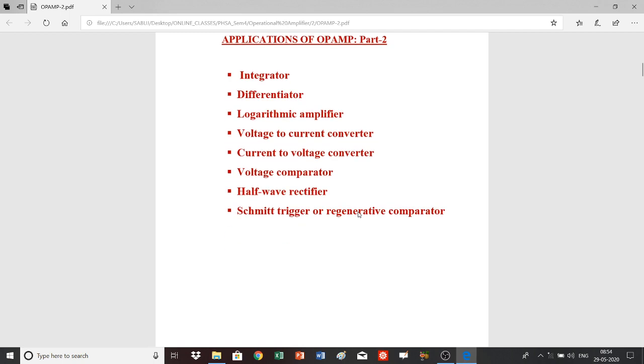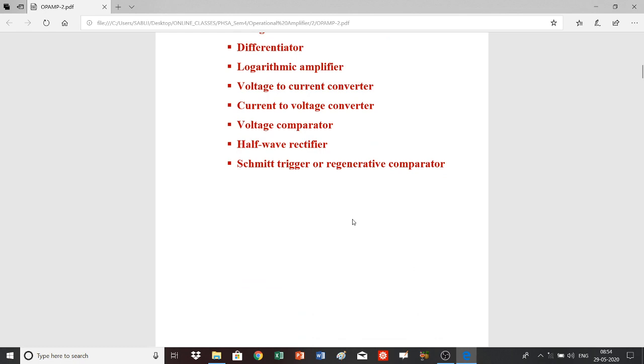After that, how an op-amp can be applied to perform voltage comparator, and then how sinusoidal wave or AC wave can be converted into DC wave, that means half wave rectifier. And at the end of this lecture, we'll learn about the Schmitt trigger or regenerative comparator.